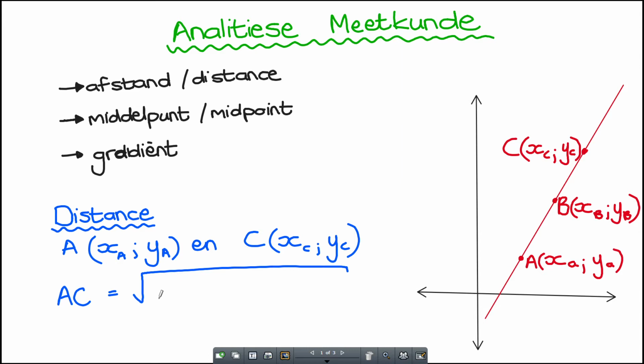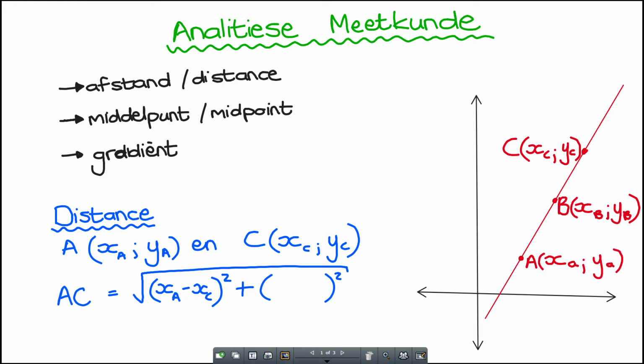En dan gaan ek kry, x-waardes kwadraat plus y-waardes kwadraat. Now, inside those brackets, I get the difference between the x values and the difference between the y values. So, ek gaan sê die x van A minus die x van C.